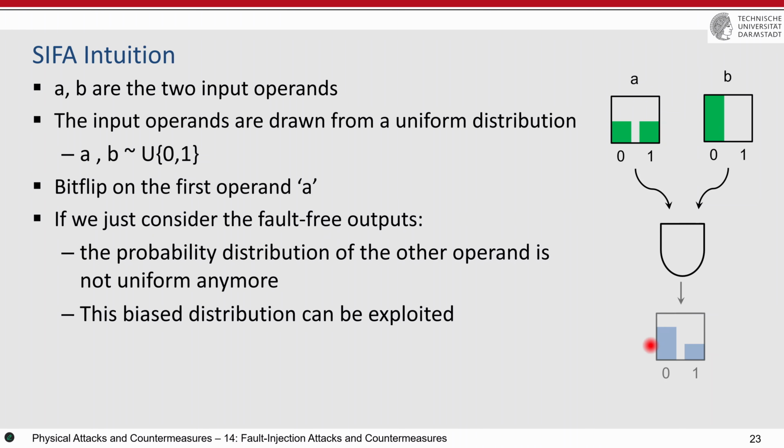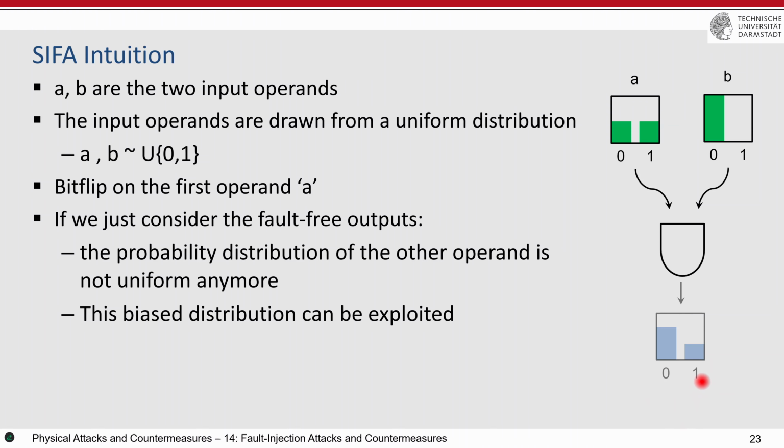Why? Keep in your mind that we are toggling A. If the fault-free value is 1, fault-free value means that B was 1, A was also 1. And when we toggle A, then definitely those values which were 1 will not show up anymore at the fault-free output.